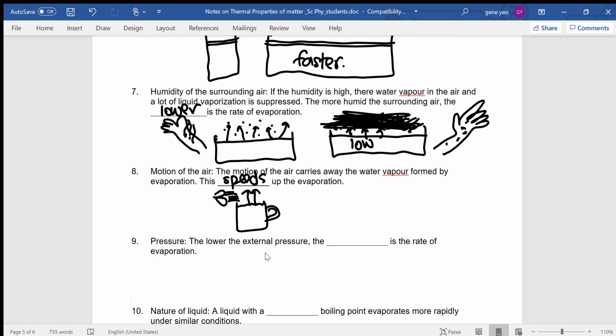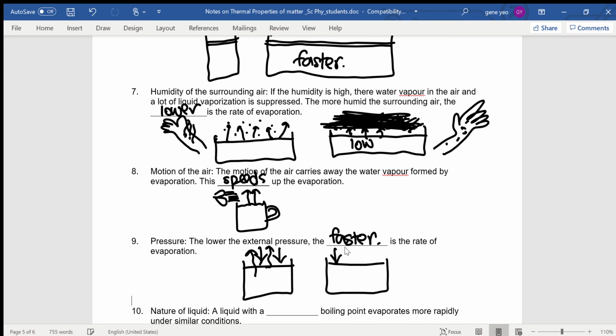Pressure. The lower the external pressure, the faster the rate of evaporation. Imagine I've got a container of liquid and there's low pressure; the liquid can evaporate away very fast. However, if I have the same container but now a lot of things pushing down on it, under pressure, the liquid is going to find it hard to evaporate into the atmosphere.